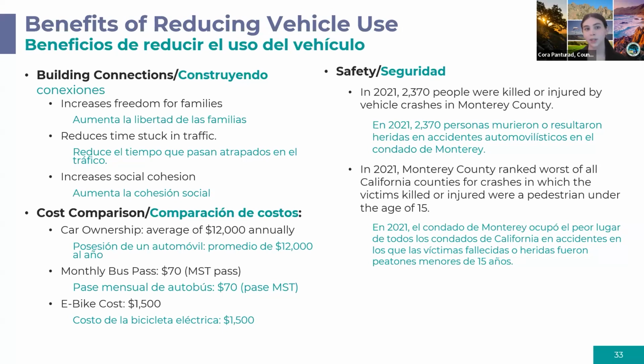And in that same year, of all the counties in California, Monterey County ranked the worst for crashes where the victim who was killed or injured was a pedestrian under 15 years old. So this is a really pressing safety issue in the county, and something that we can address holistically while we work to mitigate these greenhouse gas emissions.